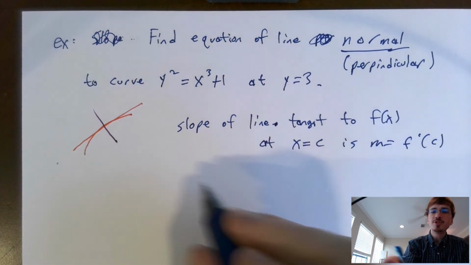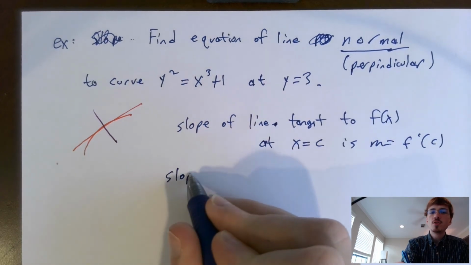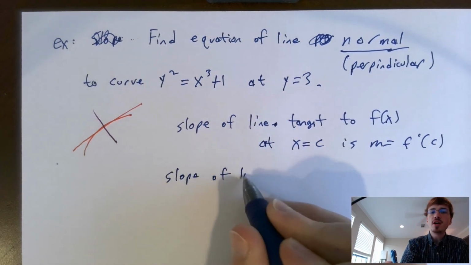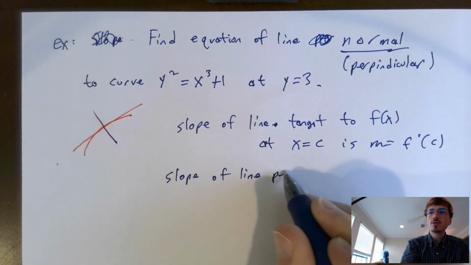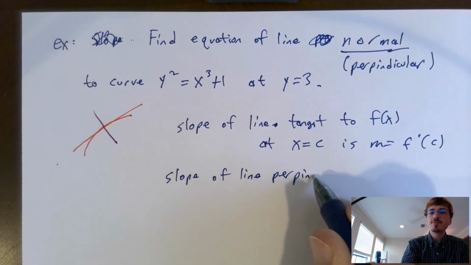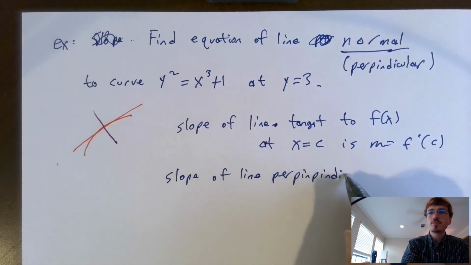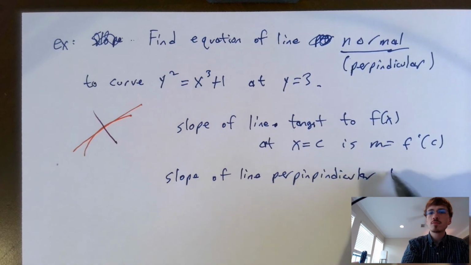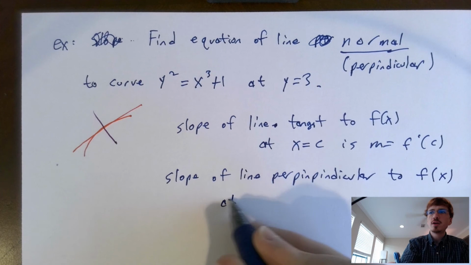Let's remember from algebra, what will be the slope of the line perpendicular to f(x) at x equals c?